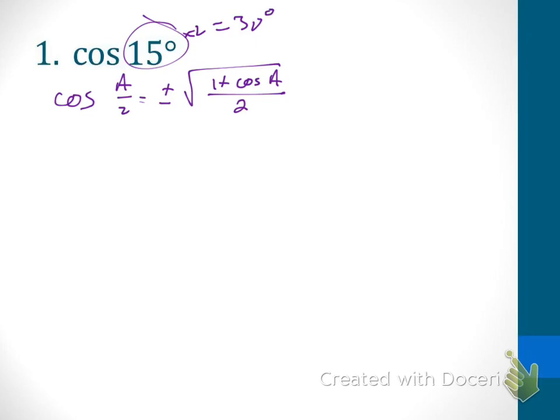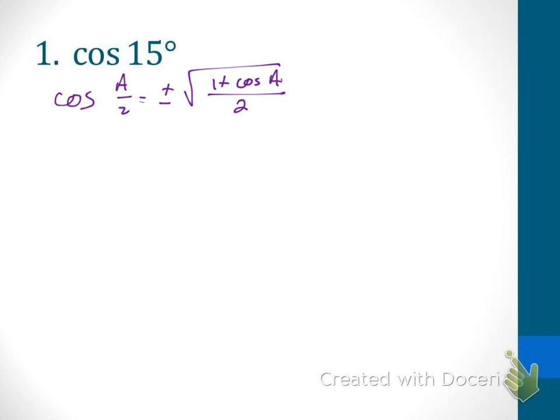So we're going to use 15 degrees here and 30 degrees here, which makes sense because we know what cosine of 30 degrees is from the unit circle.